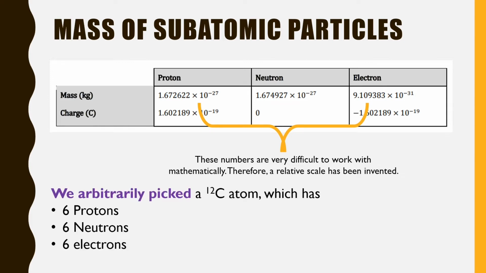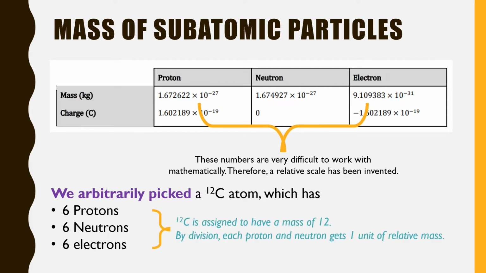So we arbitrarily picked a carbon-12 atom, which has 6 neutrons, 6 protons, and 6 electrons. In that way, carbon-12 is assigned to have a mass of 12. Recall that there is no units for it because it's a relative scale. We arbitrarily say that carbon-12 weighs 12.